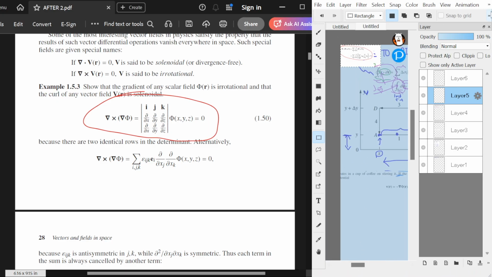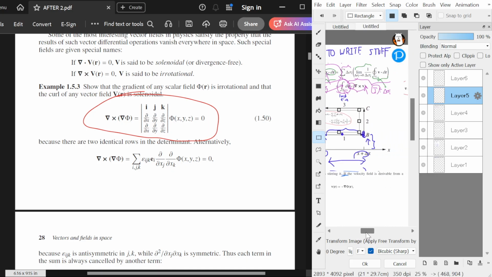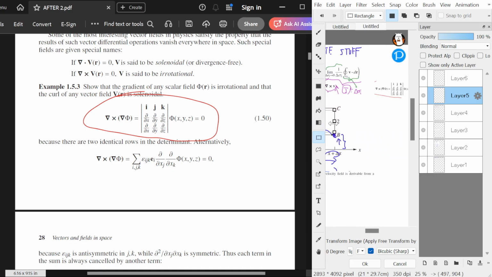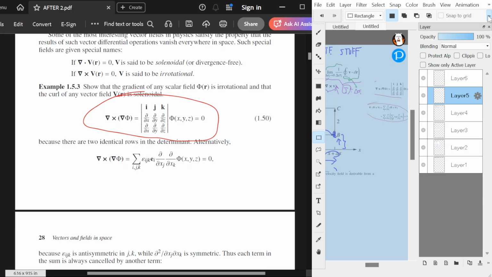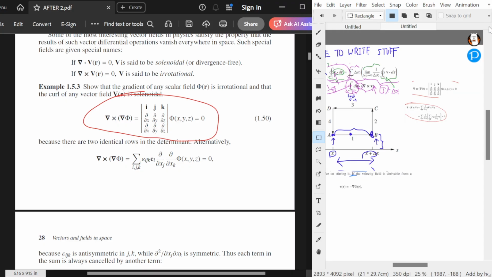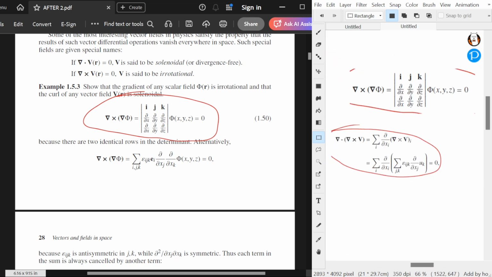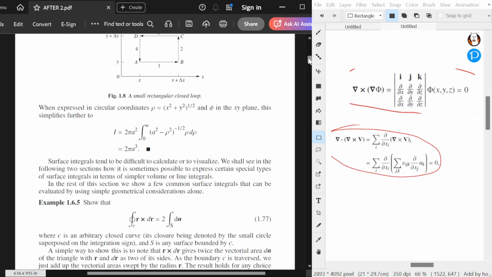Select you, transform, move you over here, make slightly bigger. Transform, deselect, you get out, zoom in. Voila. Now we can get back to business.